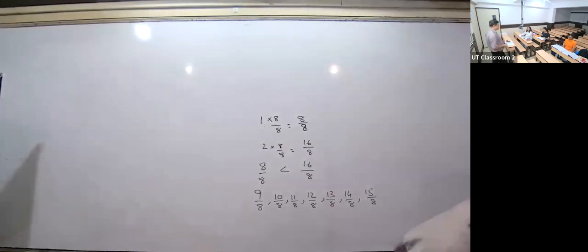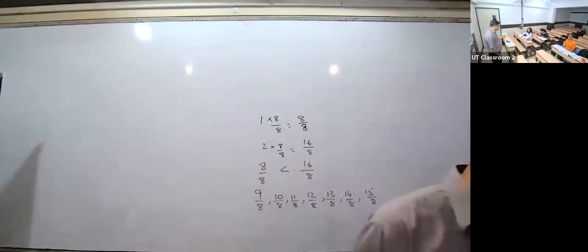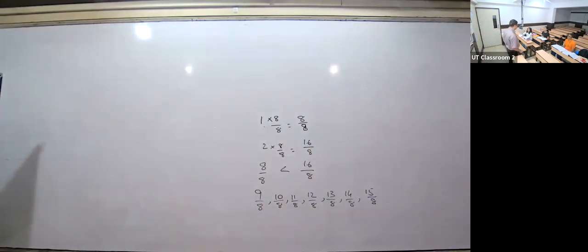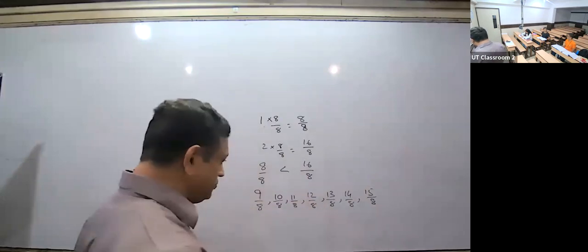Any number of the form A by B, a fraction, where A and B are integers and B is not equal to 0. A rational number can be represented in two different ways. One is fraction, and the second one is decimal form. Did you write this? Yes, sir. Understood or not?